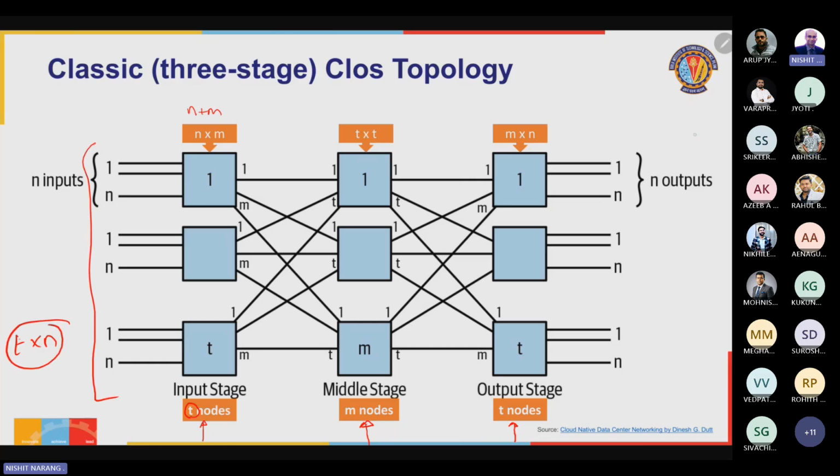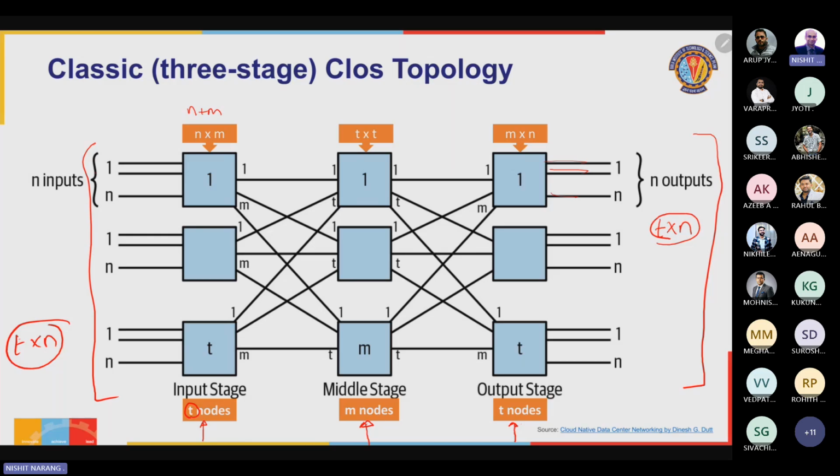Now, if you look at the output, once again, I have T output nodes and there are N outputs coming out of each output stage node. How many telephones can I connect to towards the end? Once again, T cross N. Okay. So in a way, I'm saying I can create T cross N pairs of calls through this network without facing any congestion.